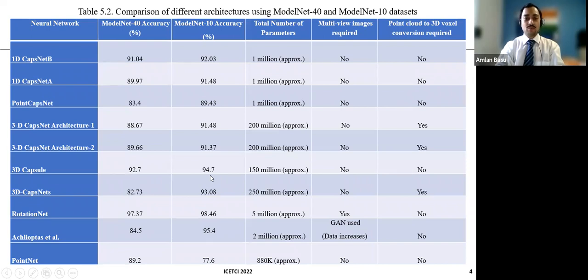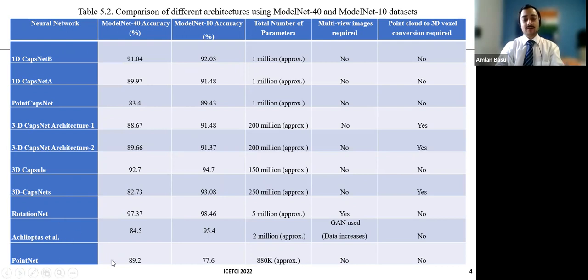But what we have compared is the total number of trainable parameters: we have only 1 million trainable parameters, whereas RotationNet, which has the highest accuracy, has 5 million parameters. So we have 5 times fewer trainable parameters as compared to RotationNet.